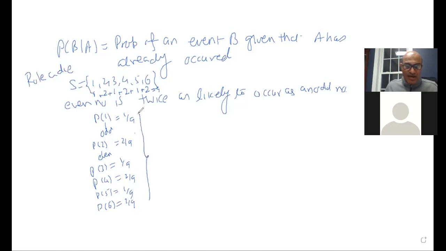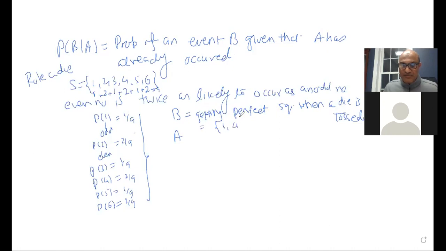So just keeping this in mind, I'm going to write another event, B given A. Let me first write B. B is the event of getting a perfect square when a die is tossed.